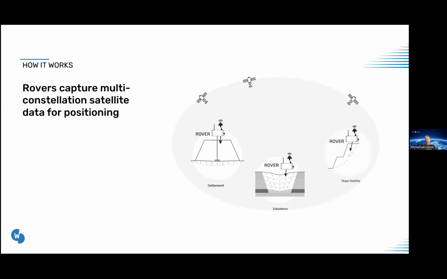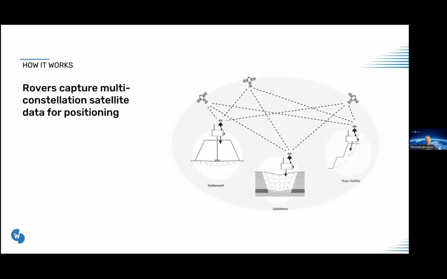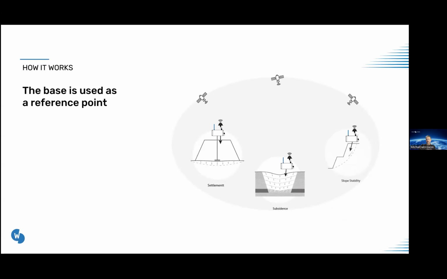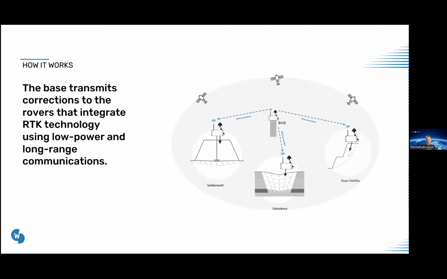We can see how our rovers are obtaining information from satellites, and at the same time the base is acquiring information from the satellites. After the base acquires the information from satellites together with the rovers, the base calculates the RTK correction internally on the device itself. This is very important. Then the correction from the base is retransmitted to our group of rovers over the LoRa protocol.